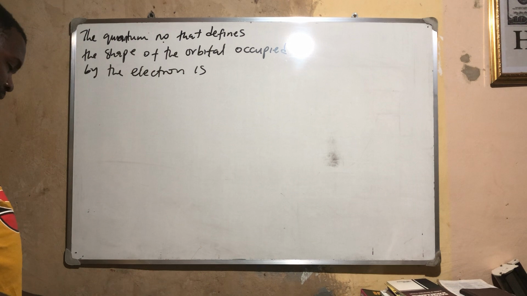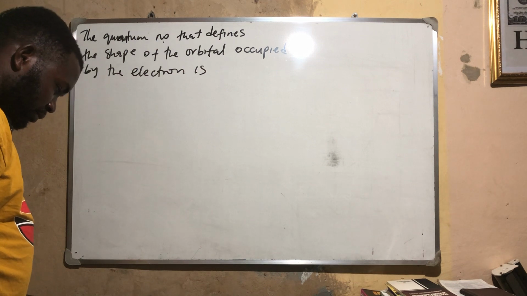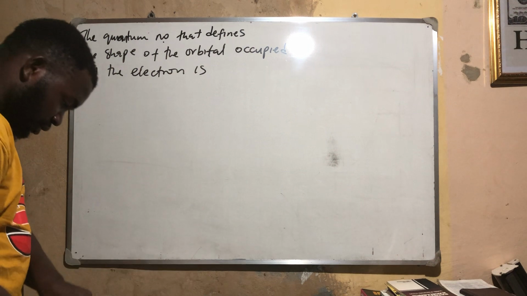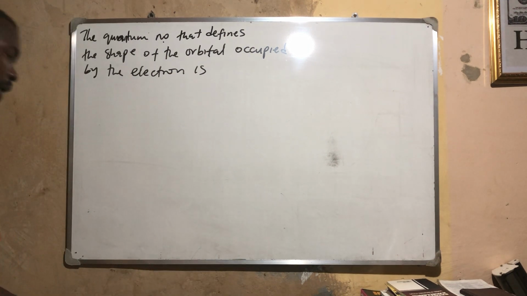I think it is the Azimuthal quantum number. Correct. So the Azimuthal quantum number shows the shape of the orbital.